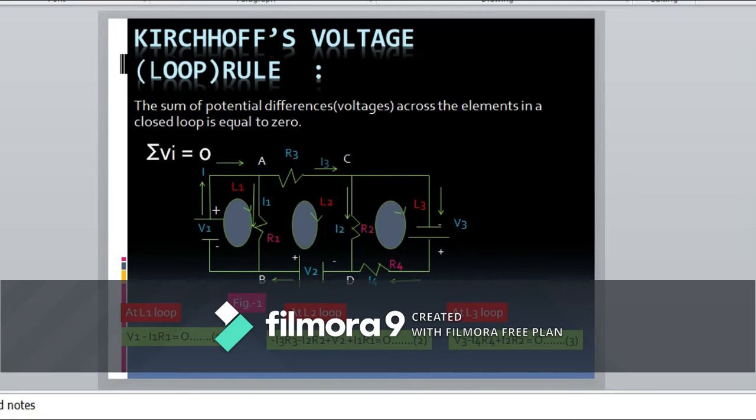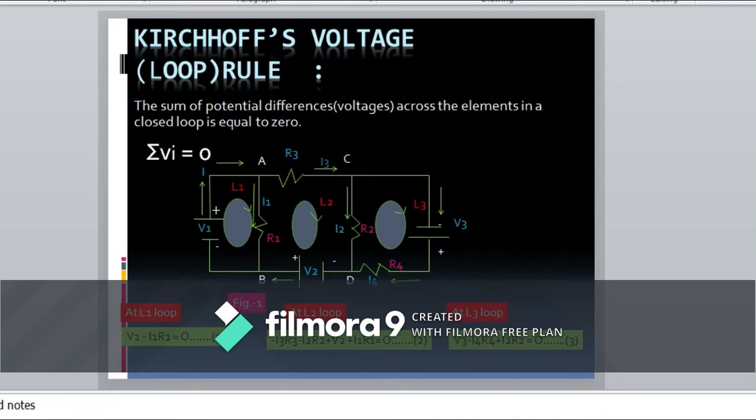If we consider the loop direction opposite to current direction, then it shows potential gain. So, you see in loop L1, I1 R1 is negative, but for loop L2, I1 R1 is positive.